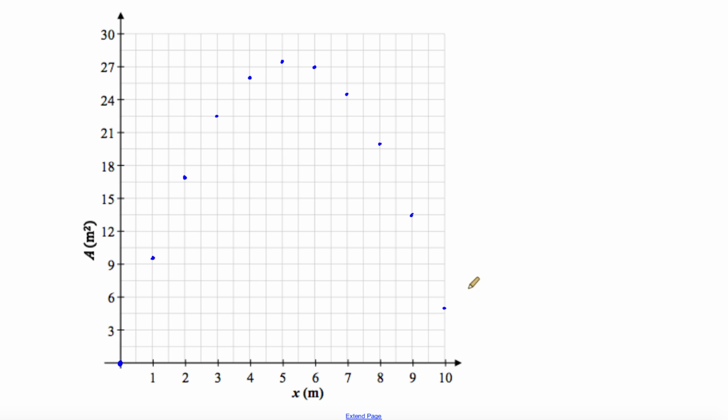So there we go. So now we're just going to join this up with a smooth curve. Smooth as a curve as you can.